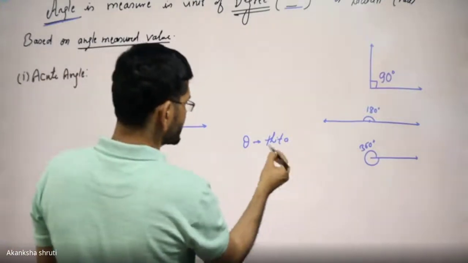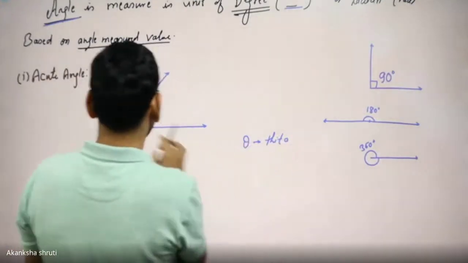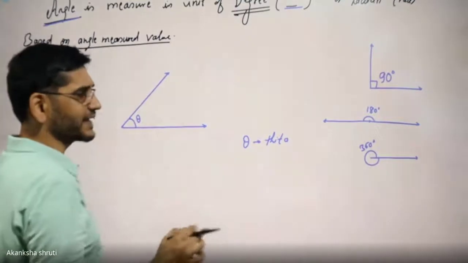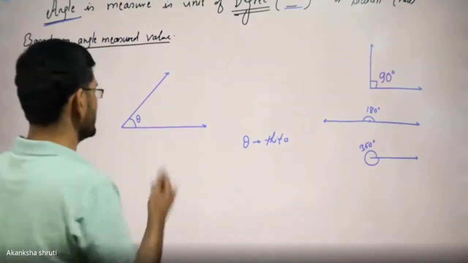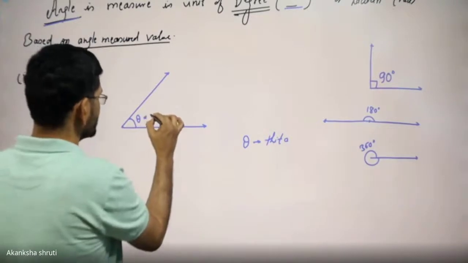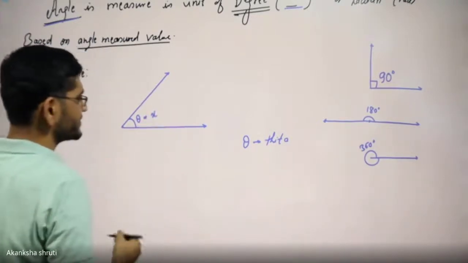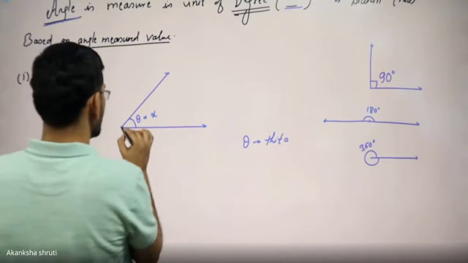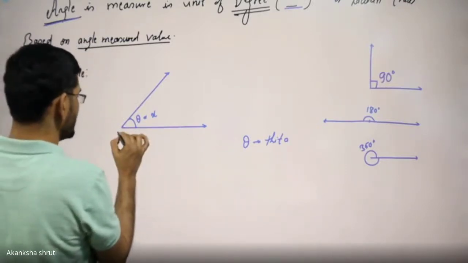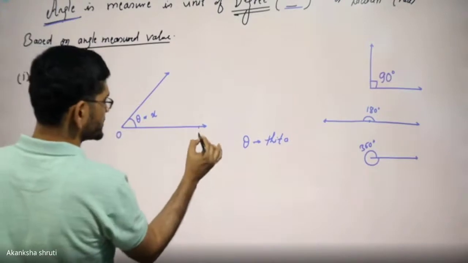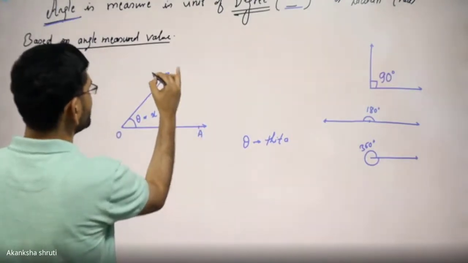This is the Greek alphabet, like ABC. You may denote this by X, Y, Z, any value. For giving the complete name to this, we consider this as O, this ray as A, this ray as B.